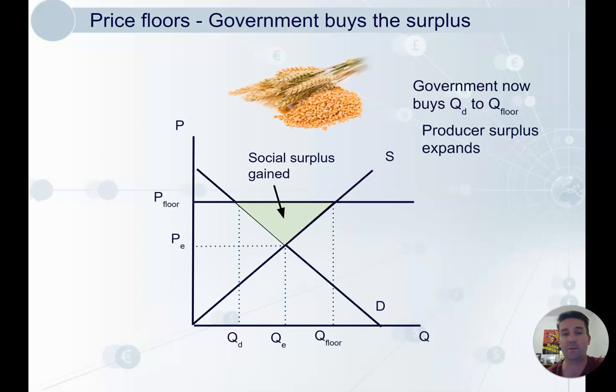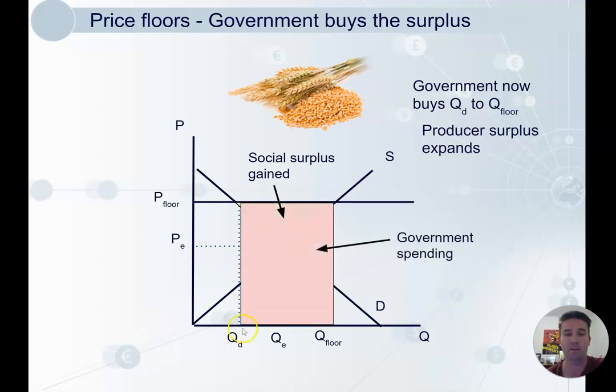That happens because the government is spending a huge amount of money, right? They're spending the new price multiplied by this quantity here, the difference between what consumers will buy and what producers will produce, the whole value of the surplus. So huge amount of spending there.